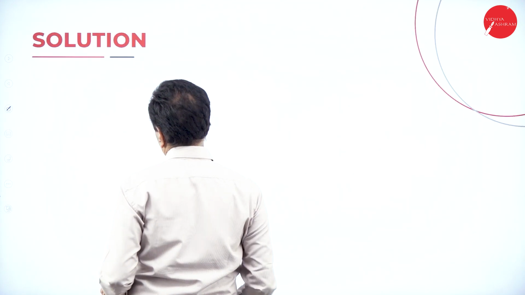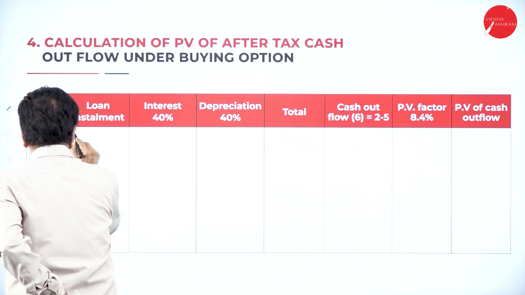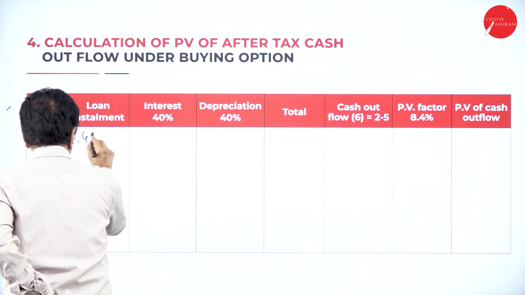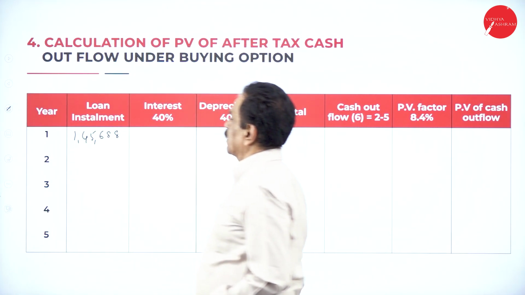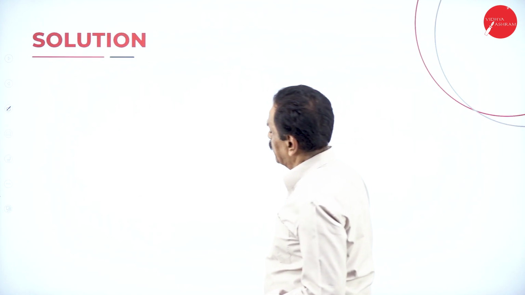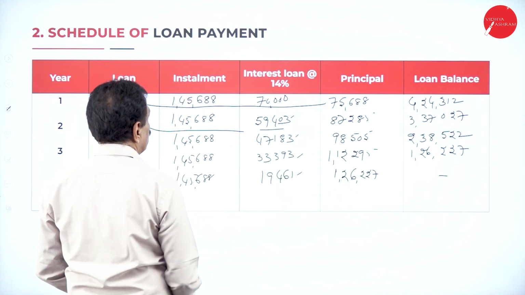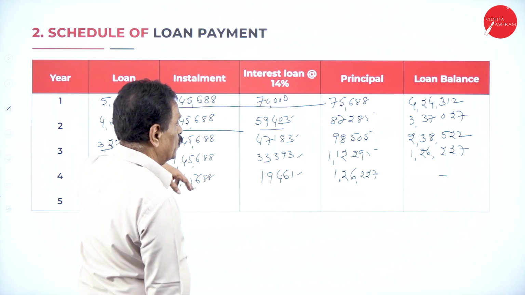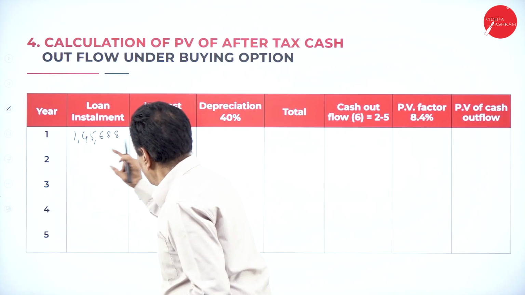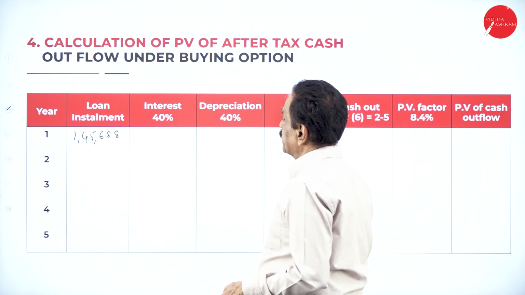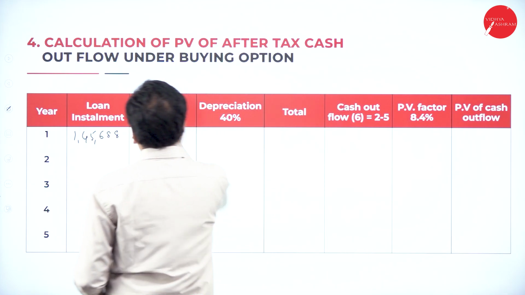Every year, how much installment do you have to pay? Loan installment, 1 lakh 45,688. So interest at 40% here.